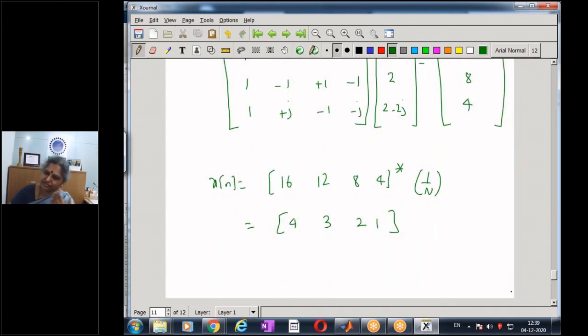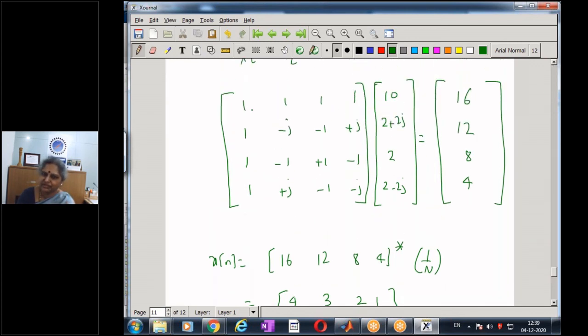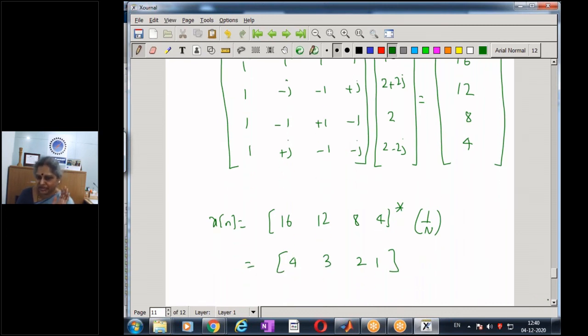So I used the same 4-point DFT matrix, I did not change my matrix, and computed the DFT of the complex conjugate of the sequence. That result, again, I complex conjugate. Of course, in this example it is real. Then I divide the result by N, and I get back my original sequence x of n.